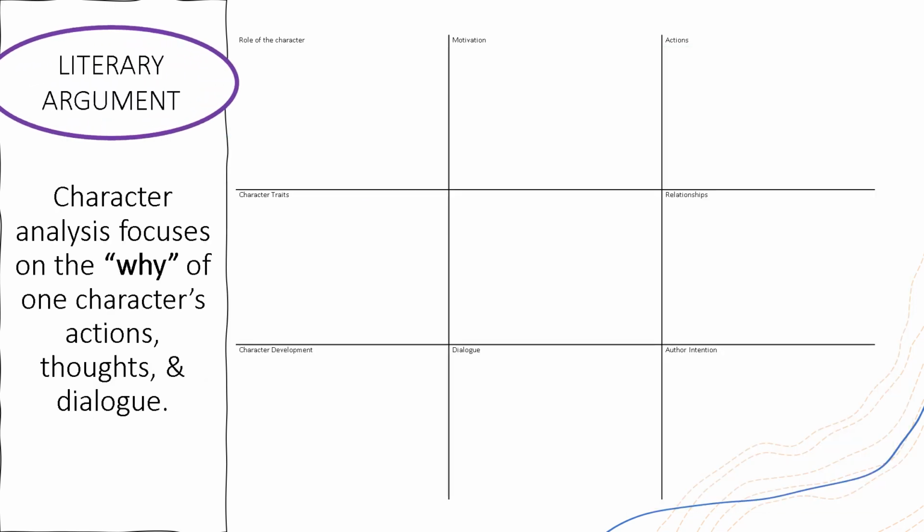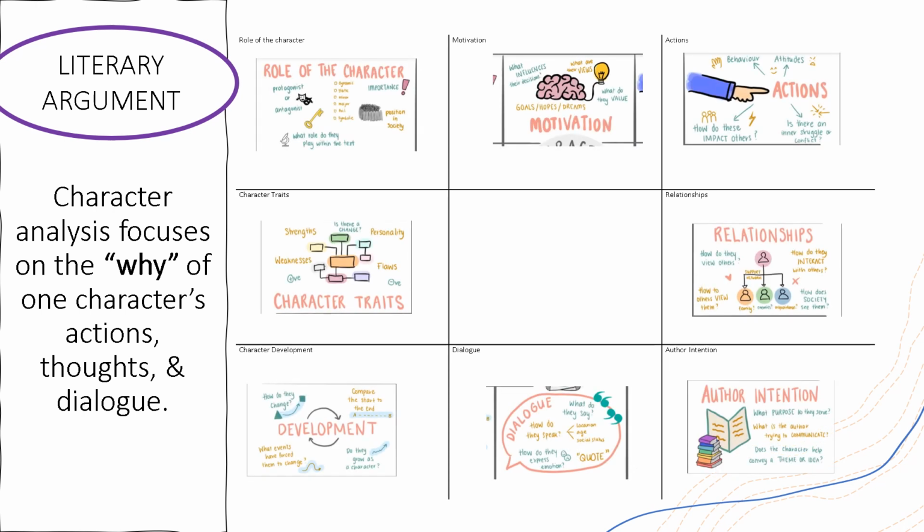Using the ACE study guide or thank you map for a literary argument essay gets the reader to focus on the why of one specific character's actions, thoughts, and dialogue.